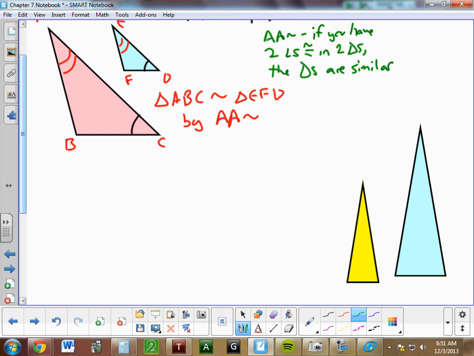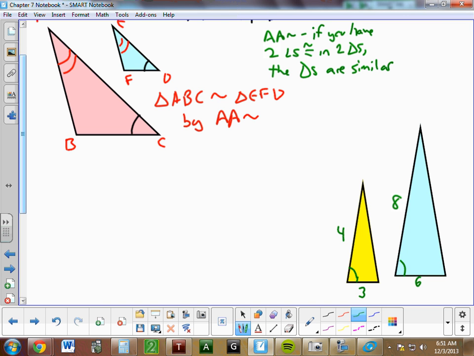So let's give an example. If I have this side as 8 and this side is 4, say I had this side was 6 and this side was 3, and I knew that these angles were congruent to each other. That's an example of triangles that are similar by side, angle, side.